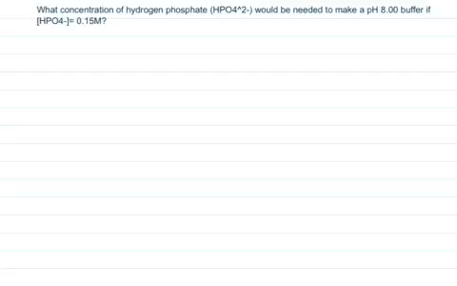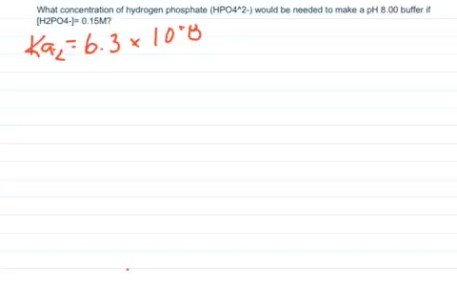Like our previous problem, I'm going to be using Ka2 that I found from Appendix C because I'm using hydrogen phosphate and H2PO4 minus. Ka2 for it was 6.3 times 10 to the minus 8, and it gave me a pKa of 7.20.